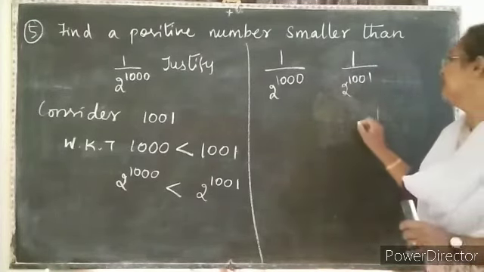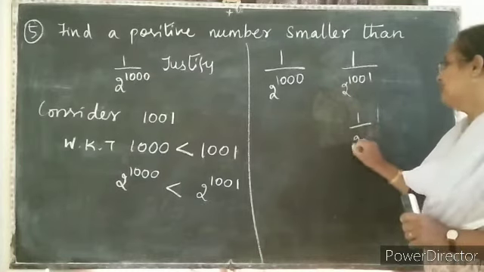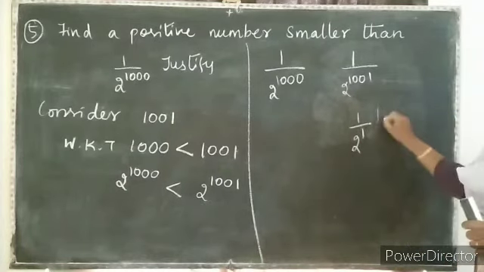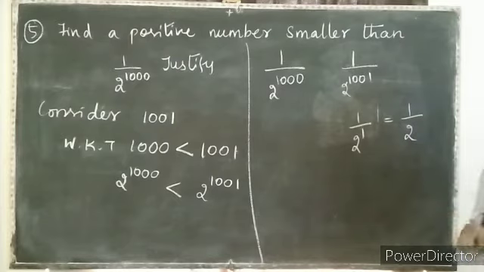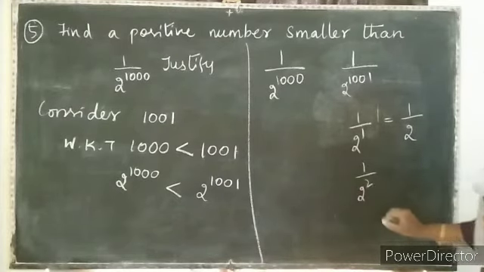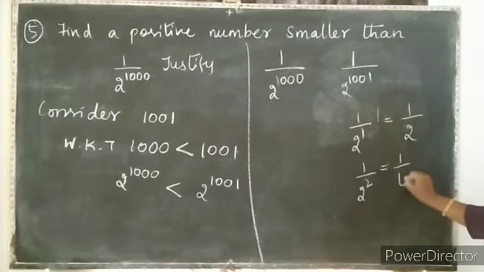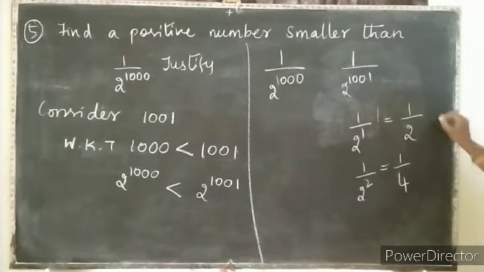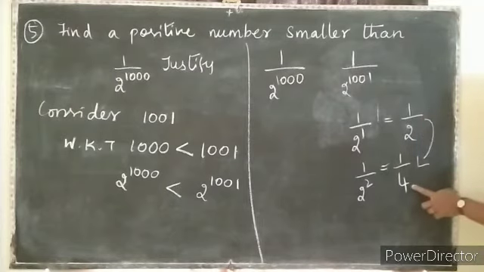Let's discuss the value of these. 1 divided by 2 to the power 1 is how much? 1 divided by 2. Is it clear? Now what is 1 divided by 2 square? That is 1 divided by 4. Now when you compare these two, 1 divided by 2 and 1 by 4, which is smaller?